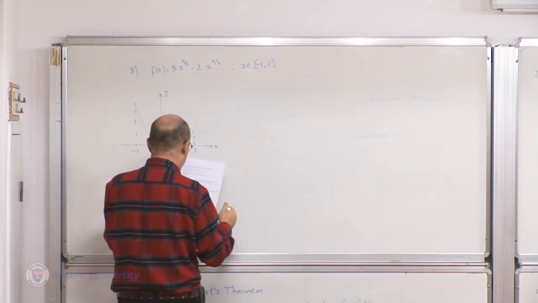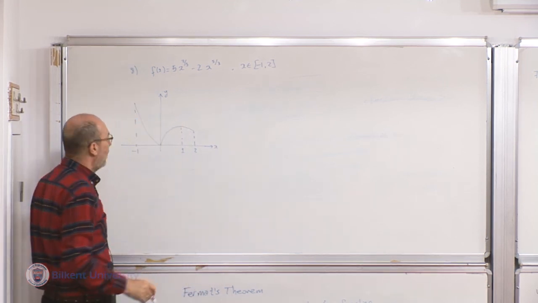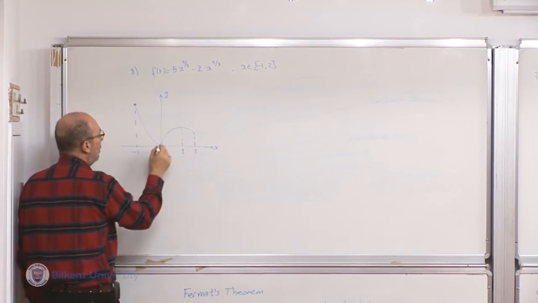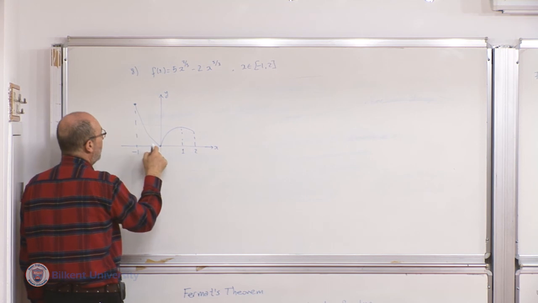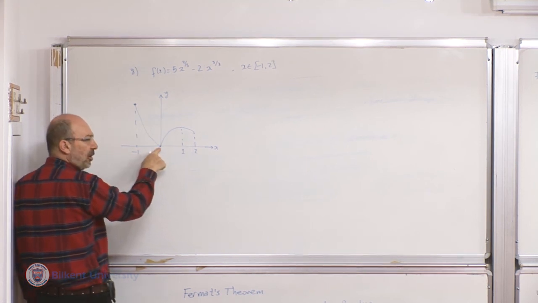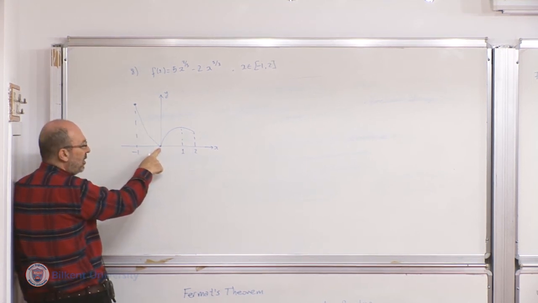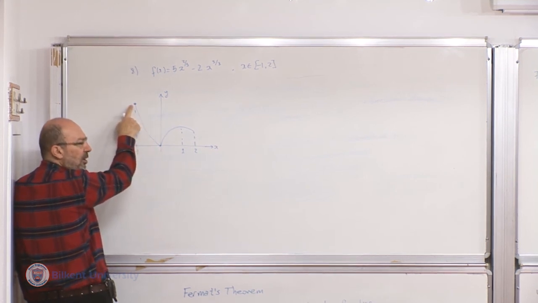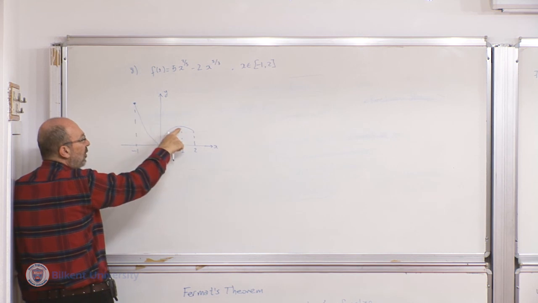Let me quickly write these things. This is the graph. You see that the maximum will occur here, and the minimum will occur here. This is a critical point in the sense that the derivative does not exist here. This is a maximal point in the sense that it's an endpoint. Here we have a local maximum. The derivative is 0.